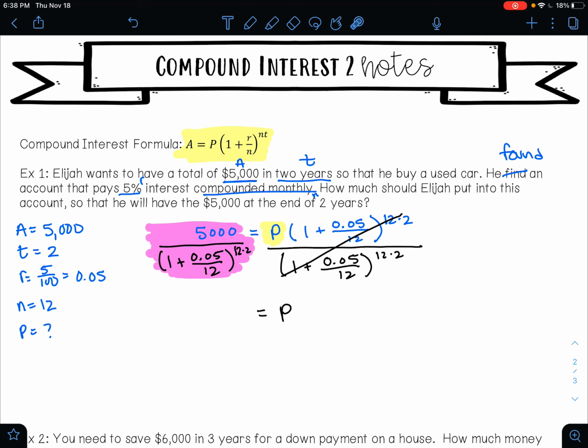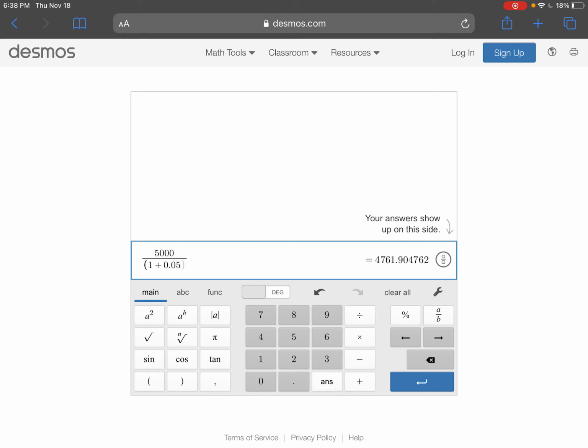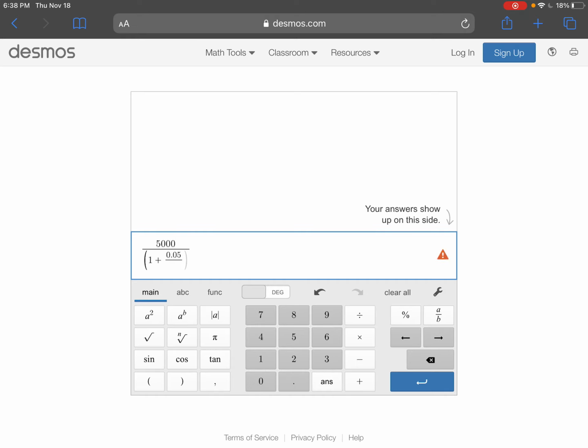So, in my denominator, parentheses, 1 plus 0.05 divided by 12, close parentheses, exponent button. Whenever your exponent has more than one thing, you must use parentheses around it. And that's going to be N times T. N was 12, and T was 2.